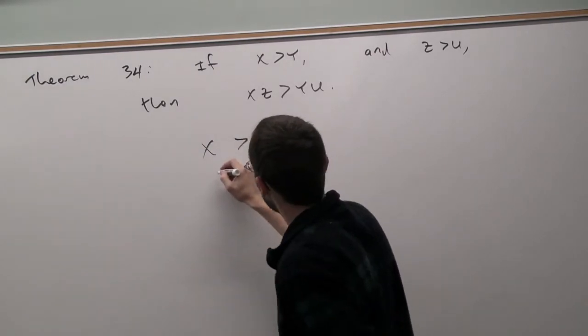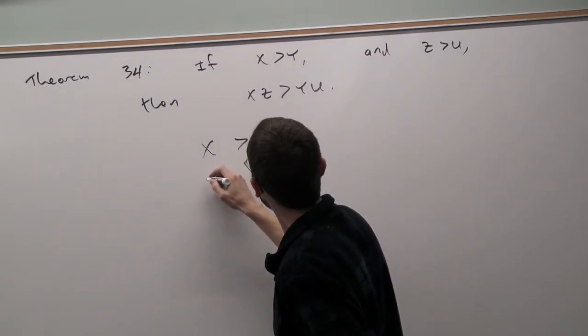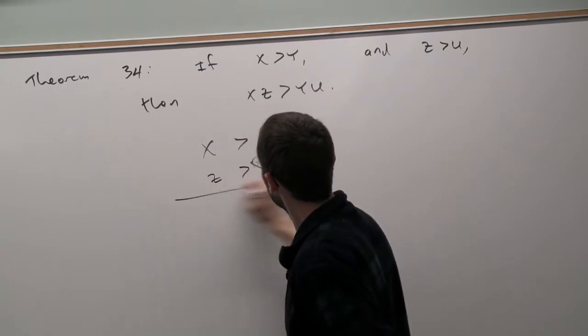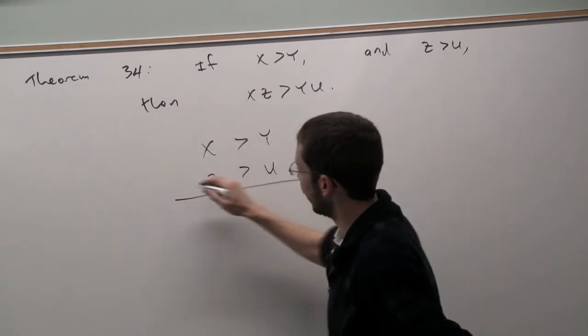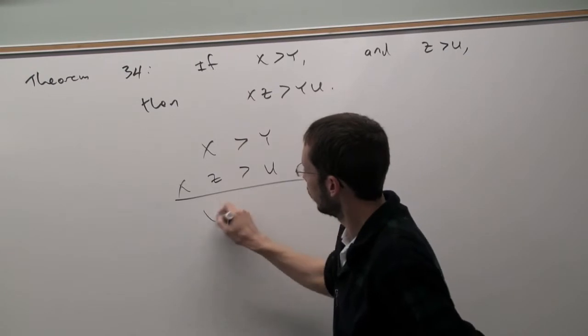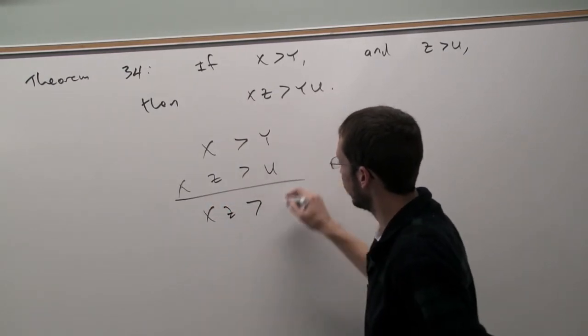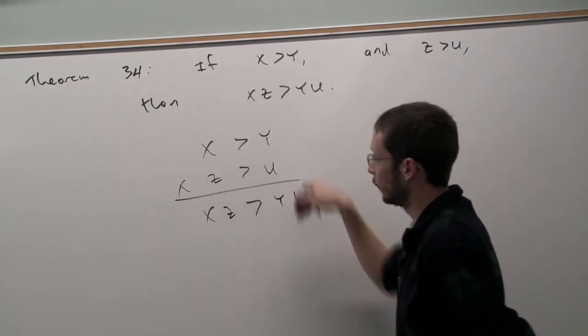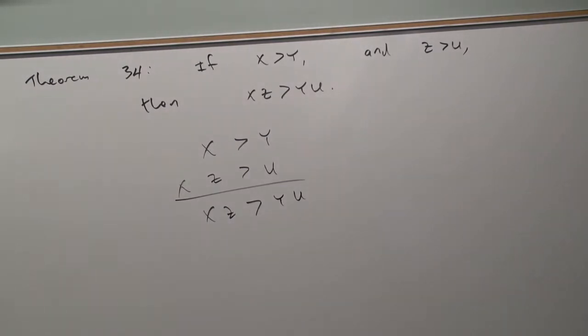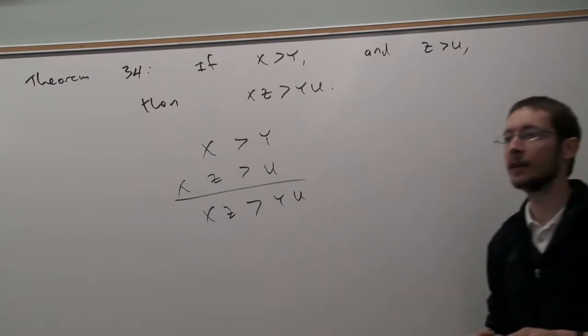If you like thinking in terms of that vertical notation, we're just going to multiply straight down. X times z is going to stay larger than y times u. Just multiply both sides together and you maintain that inequality. What's a number system where this property would fail? If you have a 0, this could fail.